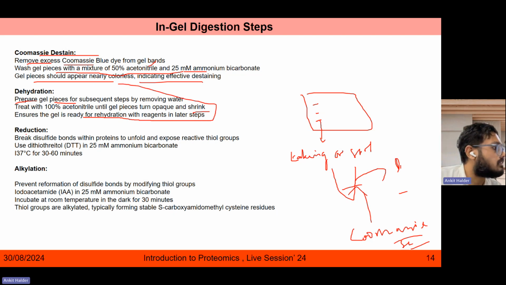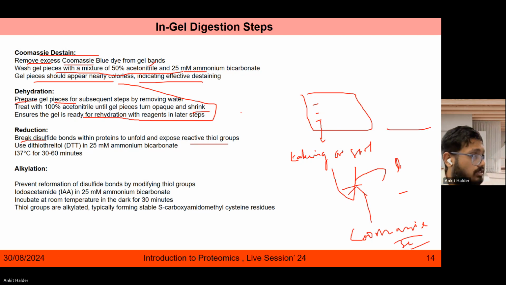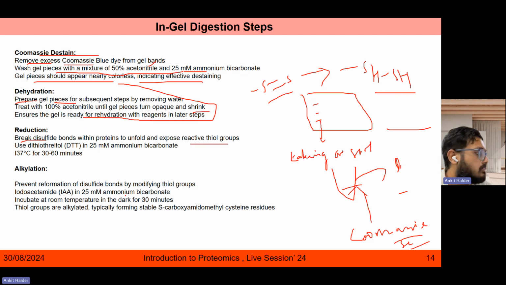Once it is done, we use reduction with DTT or TCEP. This reduction means the disulfide bonds break into SH, right? So we use dithiothreitol at 37 degrees C for 30 to 60 minutes.